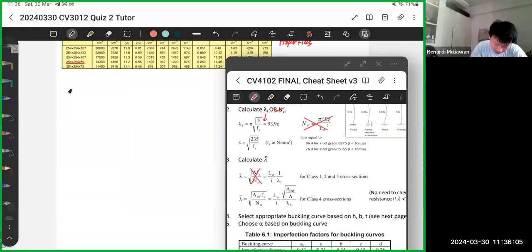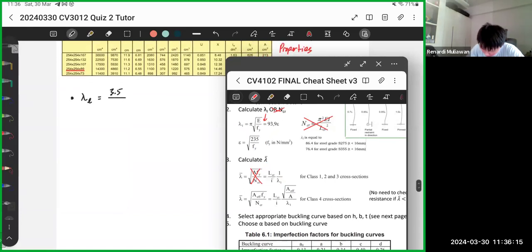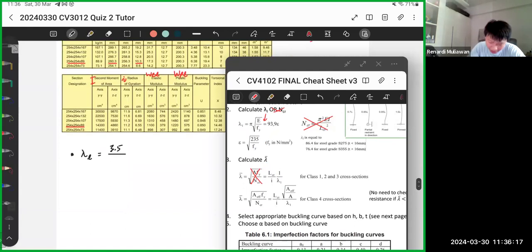So lambda bar equals LCR, which is 3.5, divided by small i. The small i here refers to the radius of gyration, so this is something that you need to remember. Radius of gyration is small i. Now the question is which one to take, YY or ZZ? The answer is you take the axis which is more susceptible to buckling.